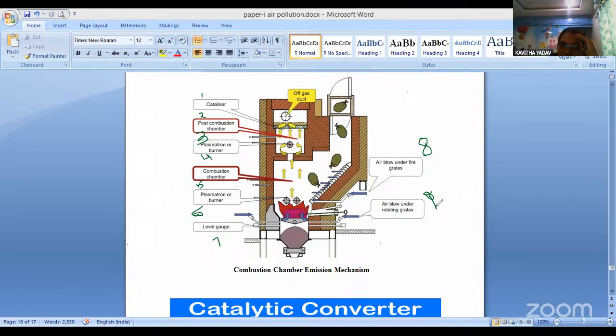In that first one, what is a catalyzer? A catalyzer is a particular chemical that cannot directly cause the reaction itself, but due to the presence of this particular thing, the reactions take place very easily, very fast and very accurately.